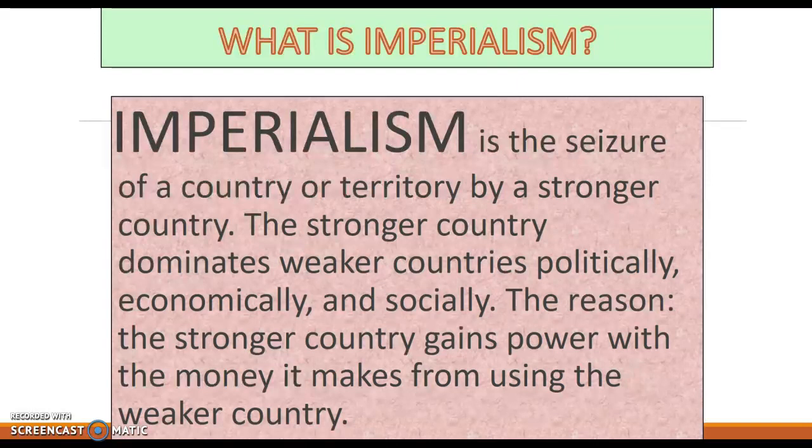I should have put and/or, because sometimes there's indirect rule where existing political and social structures are mostly left alone, and the country that takes over really just wants that economic input, okay? The stronger country gains power with the money it makes from using the weaker country, and that in and of itself is imperialism.